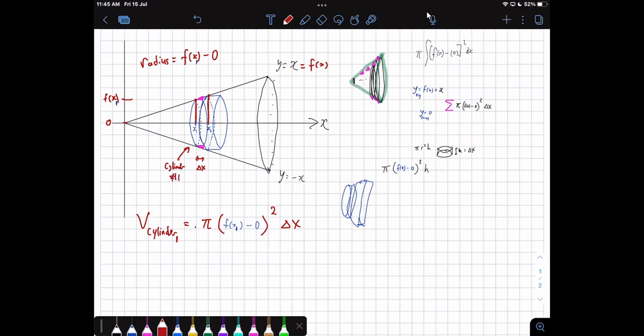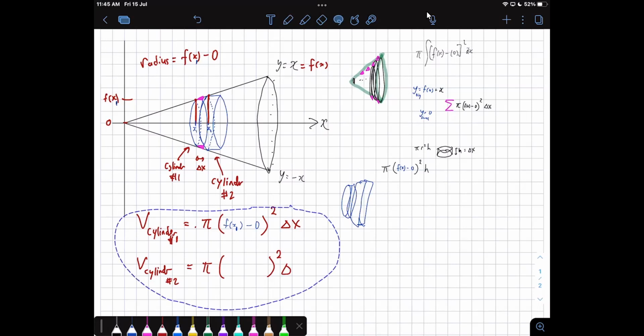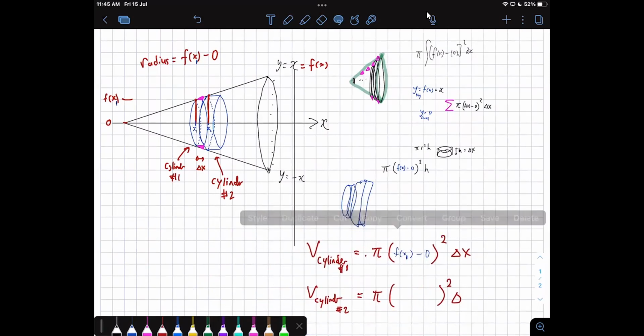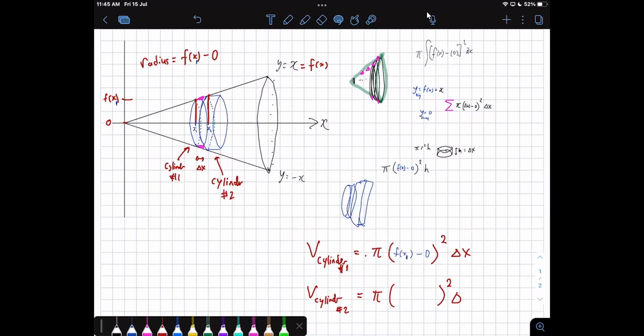Then that guy is cylinder number 2. So what's the volume of cylinder number 2? Pi r squared times, let's say the width, we fix it to be the same width. Oh no, my y-axis. Okay, bring back. Okay, we fix the width here to be delta x.